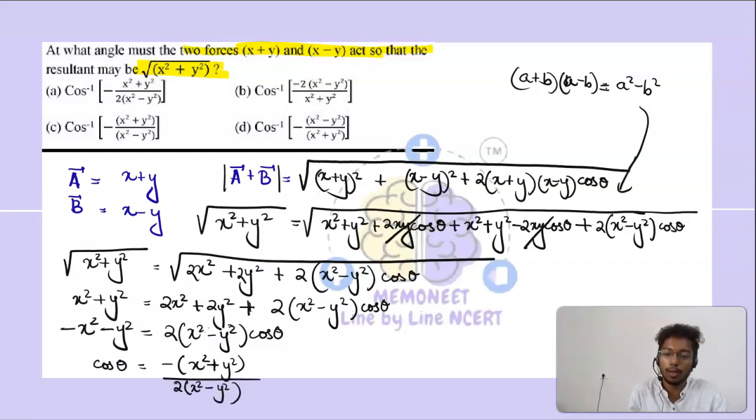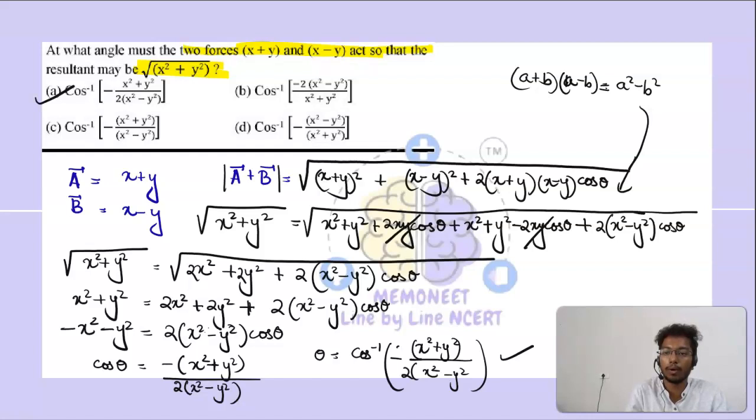Okay, so this will have the value of theta equal to cos inverse of minus of (x square plus y square) upon 2 (x square minus y square). Okay, so this will be the answer, that is option A will be our answer.